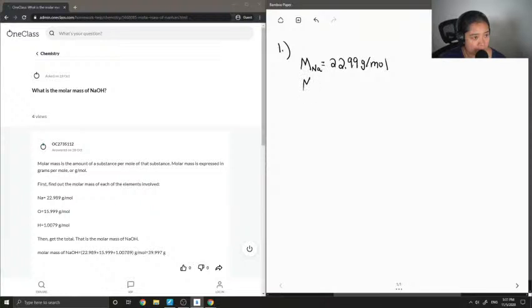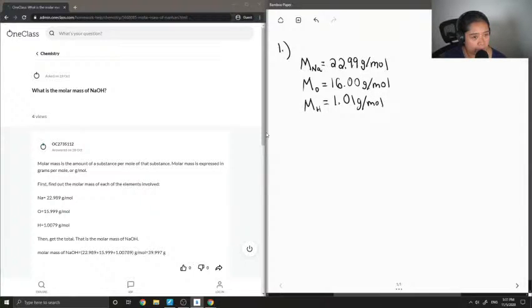We can do the same for oxygen. Its molar mass is around 16 grams per mole. And lastly, for hydrogen, it is the lightest element on the periodic table, and its molar mass is around 1.01 grams per mole.